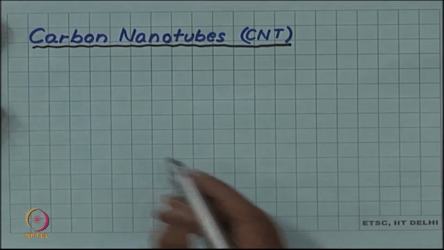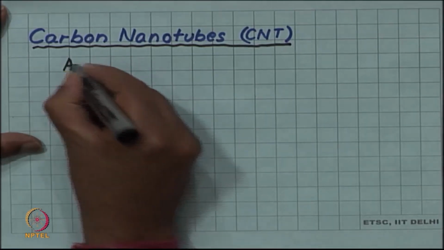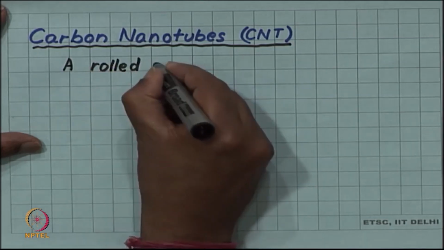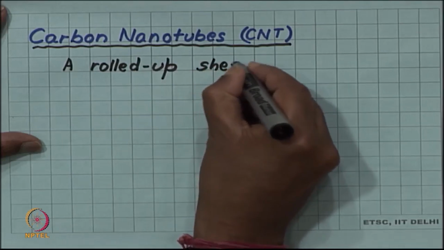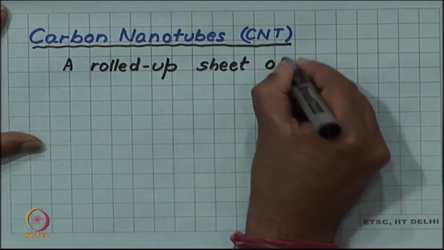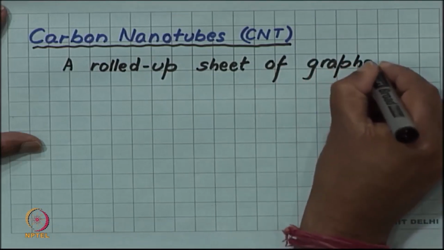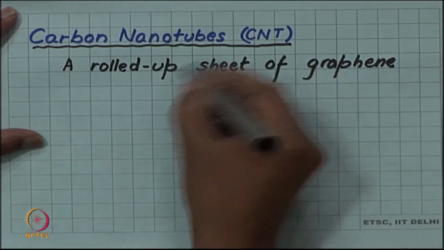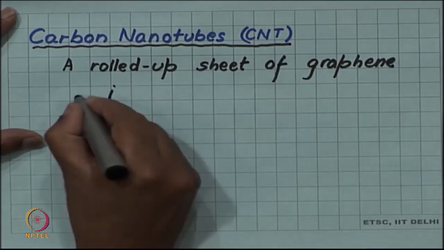So, a carbon nanotube is nothing but a rolled up sheet of graphene, a sheet rolled into a tube.